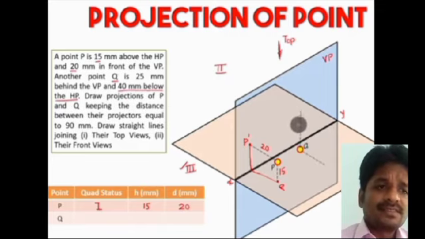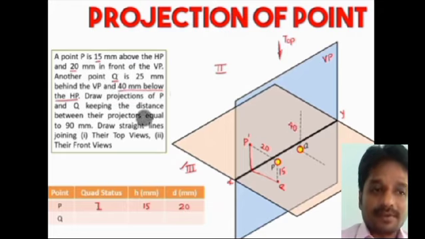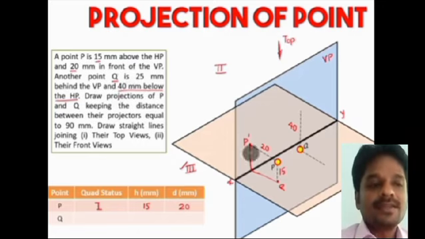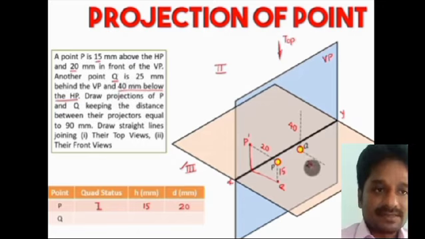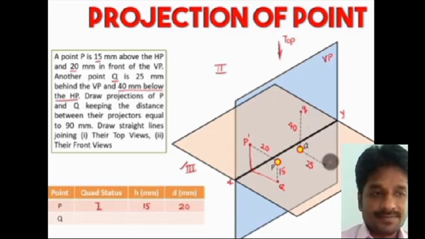The Q, which is in the third quadrant, is 40 mm below HP. It's marked 25 mm behind the VP, and that point also is marked with respect to the shown pictorial representation. So always, it's very clear that the front view we have to mark as Q dash, and the top view we have to mark as Q. So the points Q and Q dash have been marked over here.